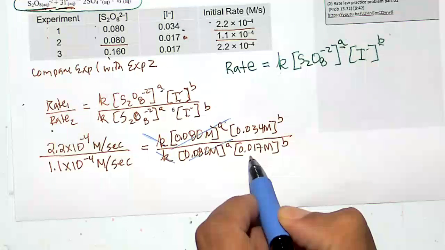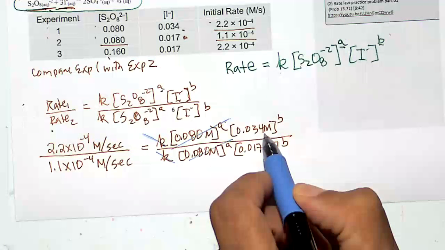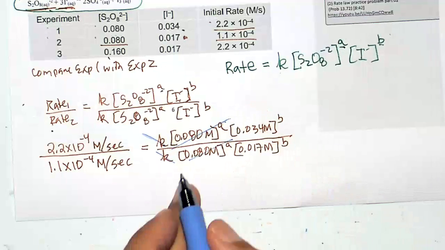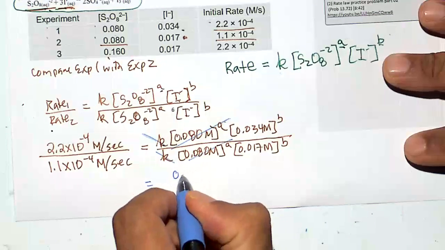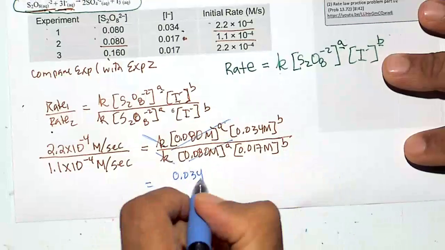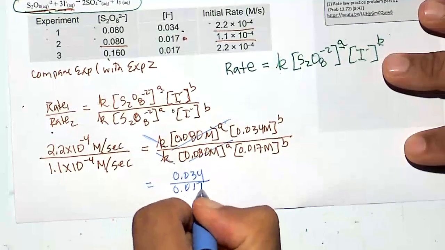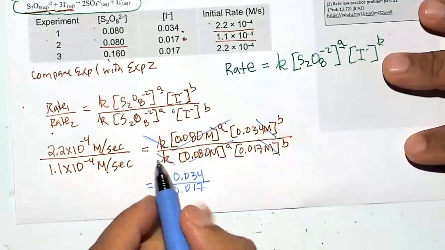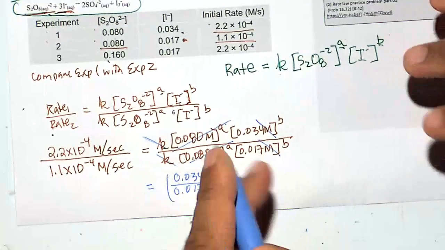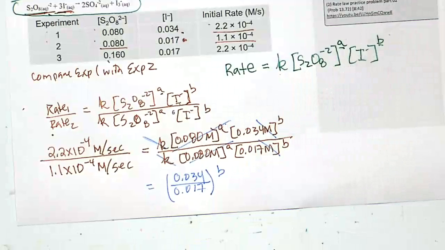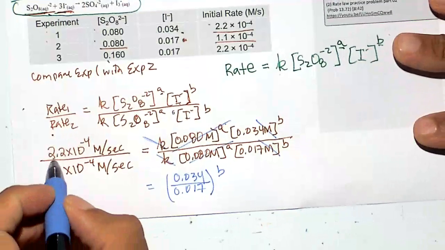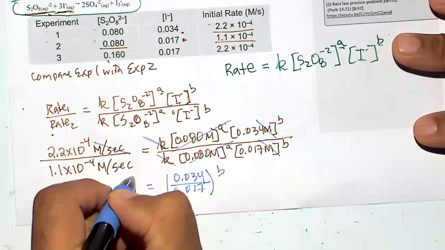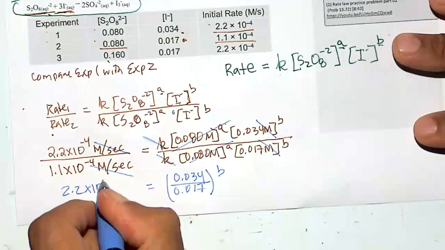Then 0.034 to the power of b divided by 0.017 to the power of b is just the same thing as 0.034 divided by 0.017, all to the power of b. The molar units cancel out, and the rate units cancel as well.